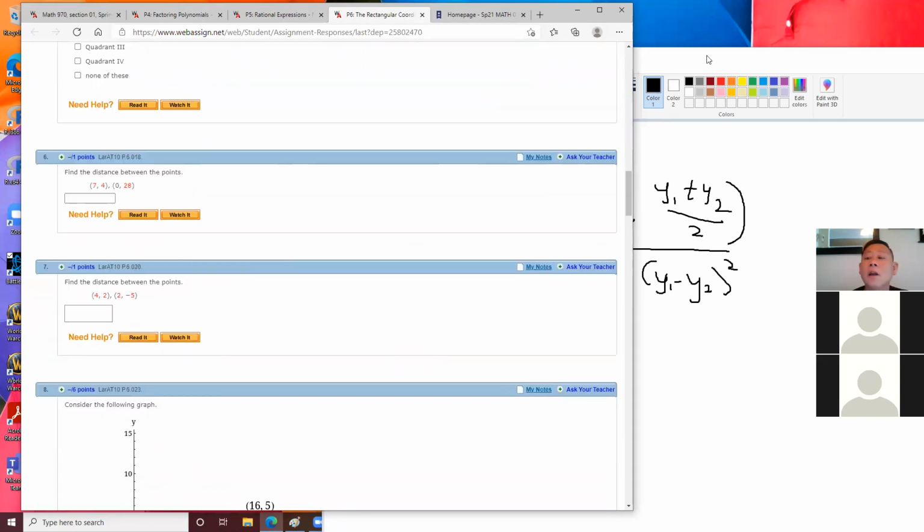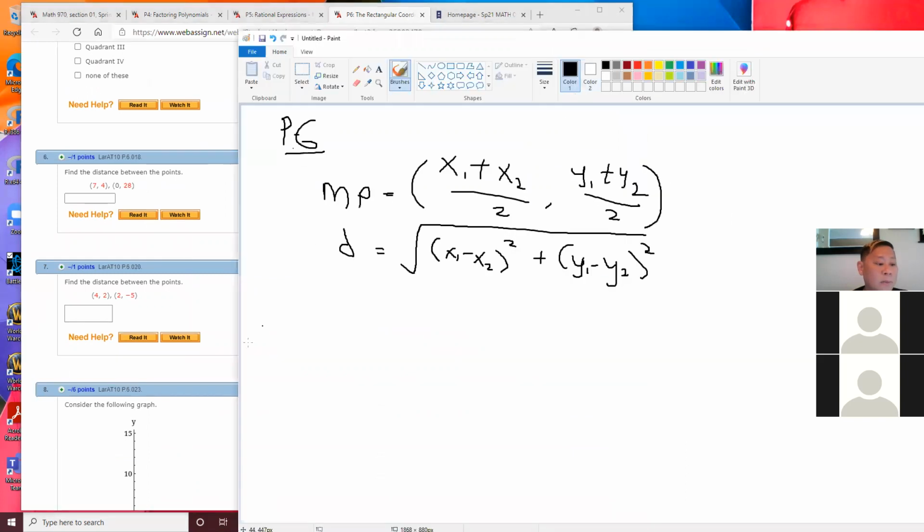Like question number 7, for example. If a question wants you to find the distance between 4, 2 and 2, -5, the first thing you need to do is label them. This will be your x1, this will be your y1, this will be your x2, this will be your y2. And then you plug it into your formula.